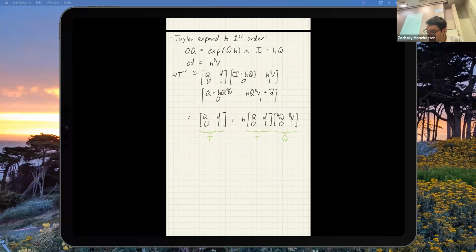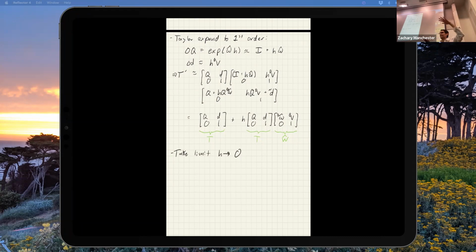So obviously the kinematic equation is this thing that's first order in H. If I take the limit as H goes to 0, this is like a delta T, right? So I'm going to divide by H. To make this perfectly clear, this is T prime equals T plus stuff times H. I'm going to go T prime minus T divided by H, which is the limit for T dot.